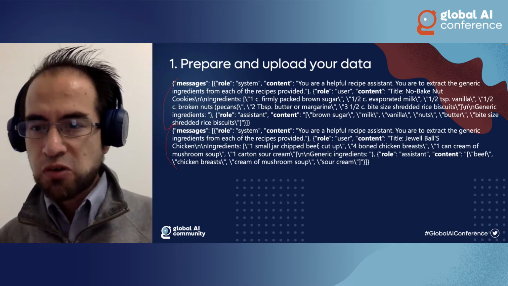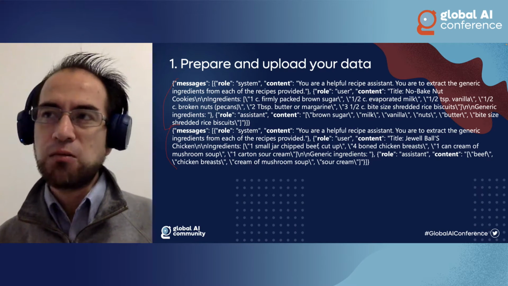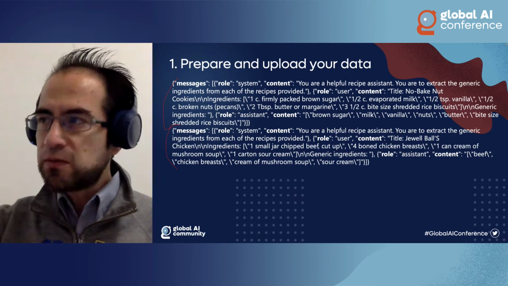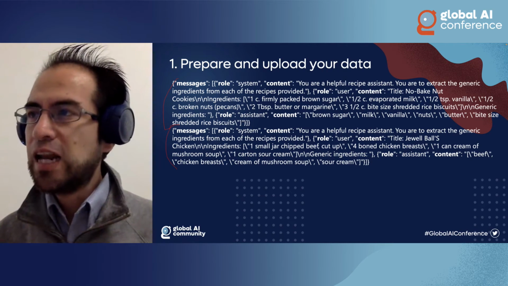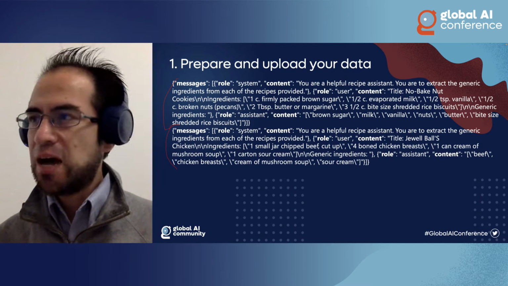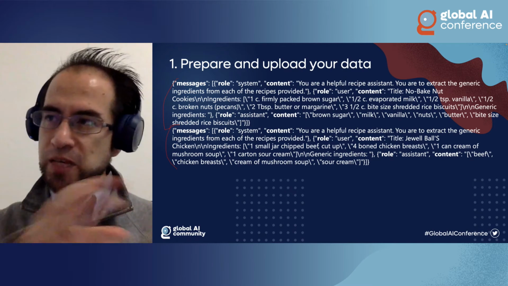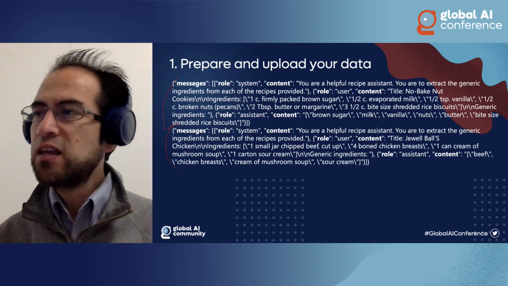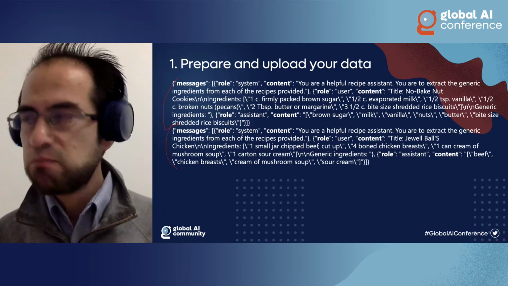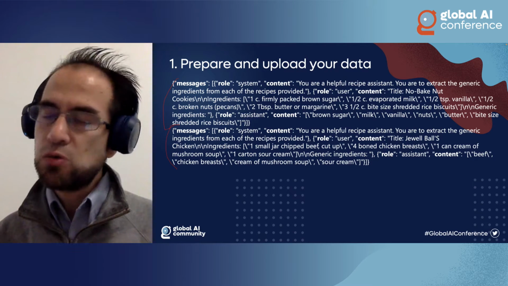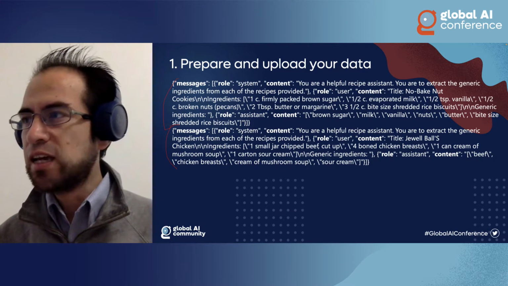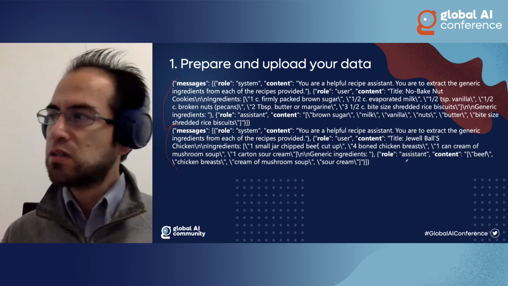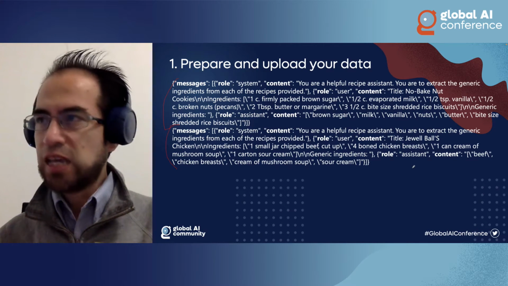You need to create 2 files, one for training and a second for validation, that consist of these elements. So a messages object inside a JSON. Then this messages is an array consisting of these pairs of role and content. And you typically will provide the three, right? System, user, and assistant for the behavior, the input, and the output.